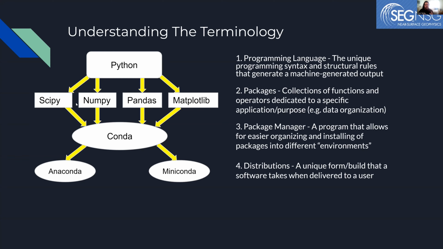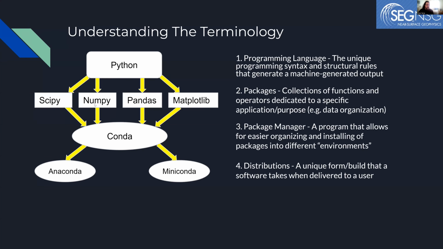Next, you have what we refer to as packages. These are essentially sets of functions and operators that use the Python programming language but are dedicated to a specific purpose. You have stuff like pandas, a package that allows you to more easily manipulate and work with data sets.